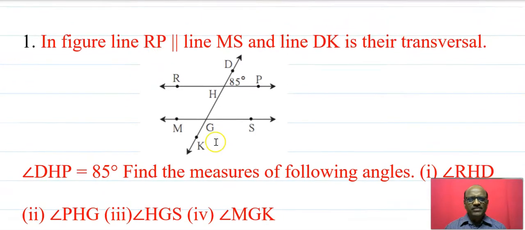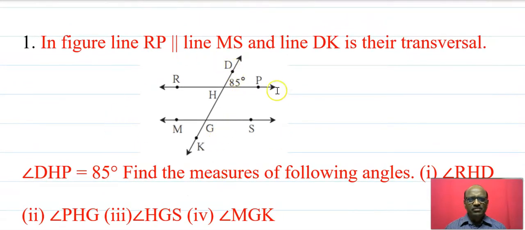Now see this, very important, we will prove it directly here. The angle DHP and the angle DHR are linear pair angles, and the sum of their measures is 180. Therefore 180 minus 85 is 95. The measure of this angle is 95. This one is again 85, because these are vertically opposite angles.